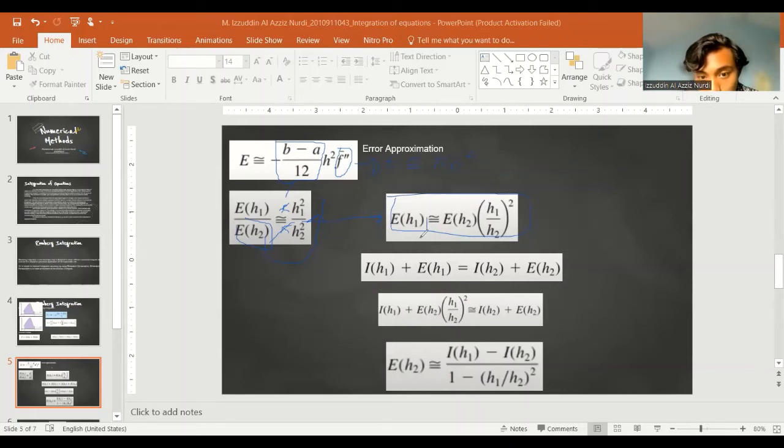We substitute into this formula, the basic formula, and then we have this, and we also have this formula after we simplified it.